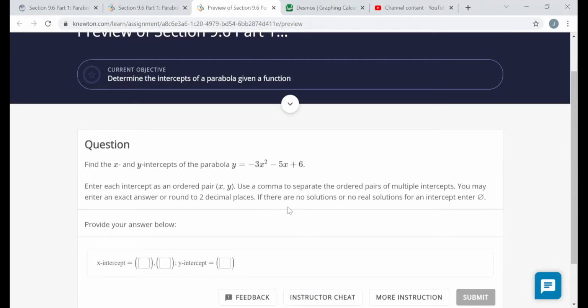Alright, so this first question is on the objective, determine the intercepts of a parabola given a function. Before I get into this question, I want to talk about the graph of a quadratic function.